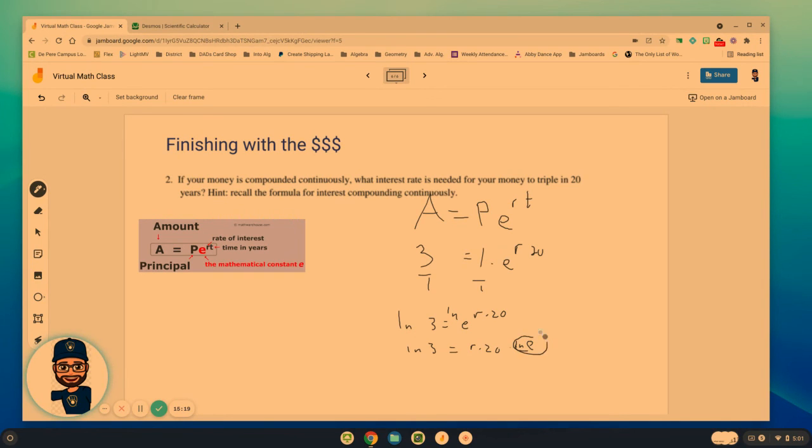The natural log of e, as we've just been describing, is 1. So the natural log of 3 equals r times 20. How do I get r by itself? We divide by 20. So the rate will equal the natural log of 3 all divided by 20.